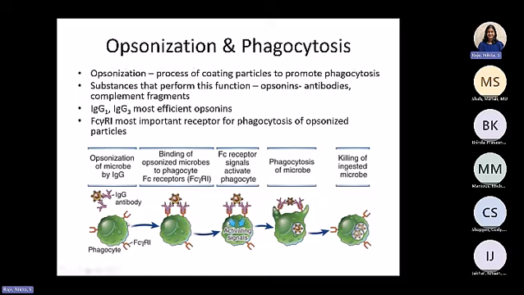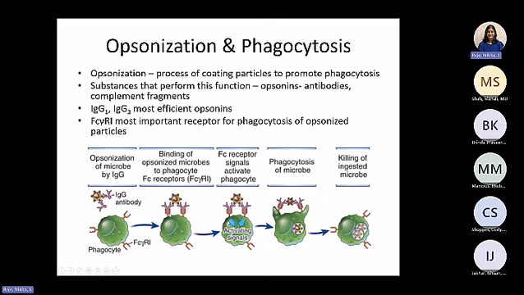So let's look at this figure. Here is a microbe that is opsonized by IgG antibody. Now the Fc region of that antibody can bind to cells that it's specific for, like IgG can bind to phagocytes.